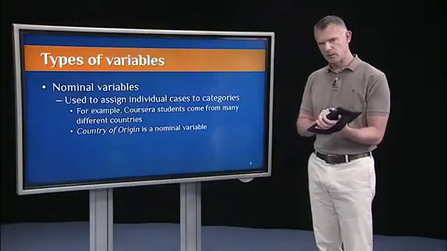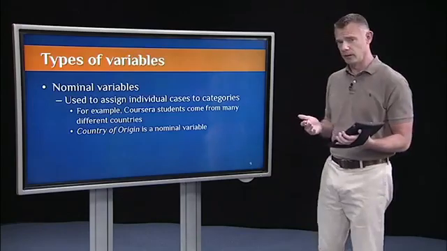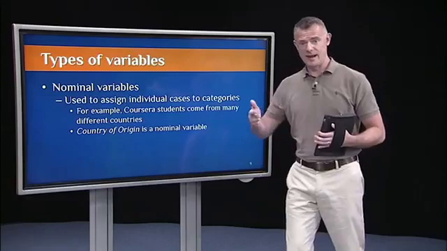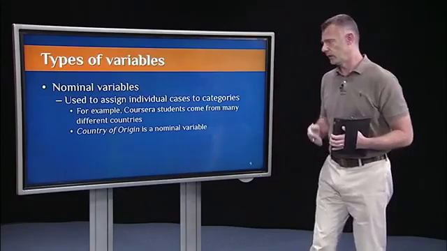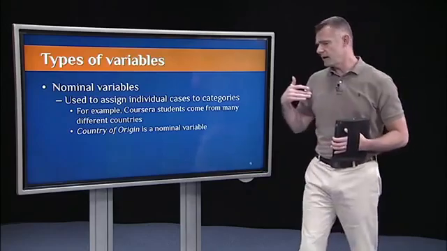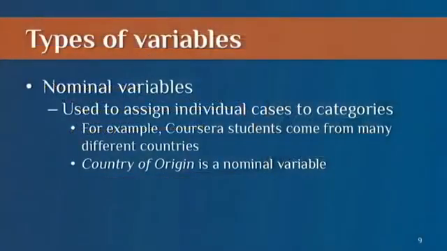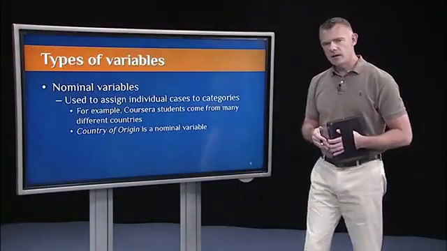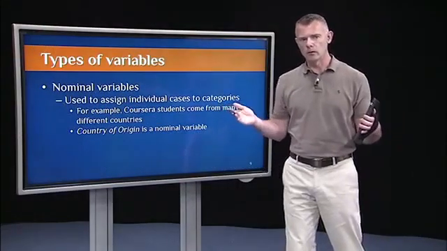So let's start with the simplest type of variable, a nominal variable. A nominal variable, and it literally means to name types of instances of variables, is to just assign individual cases to categories. So for example, the Coursera students that are out there that are watching Statistics One, they come from countries all over the world.